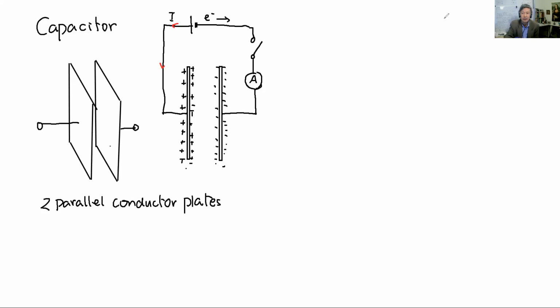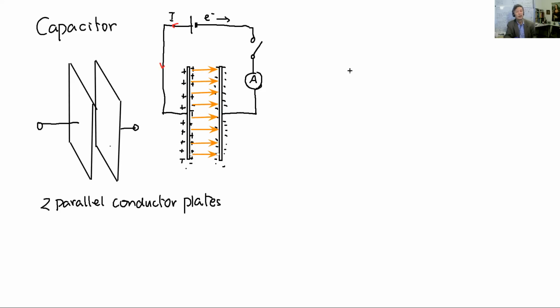The direction will be from positive to negative, and it's uniform between the two plates. Actually, if the gap is very small, it will contain most of the electrical field.